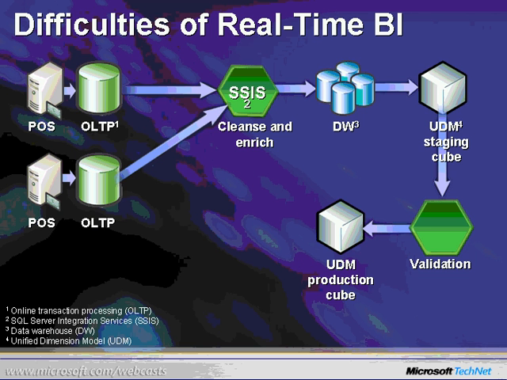So reporting from the source database is also difficult because we may have multiple source systems, as I mentioned, and the data from all of these source systems needs to be combined and manipulated in SQL Server Integration Services, placing it into a data warehouse so we can do our reporting.